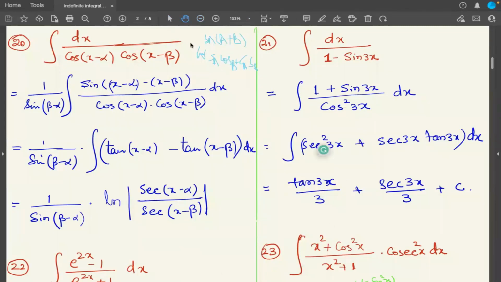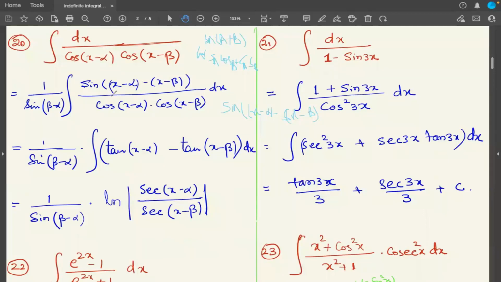Let me write that: sin of x minus alpha minus x minus beta. So in the numerator we get sin of (beta minus alpha) if we subtract x minus beta from x minus alpha. So our basic approach is to convert this complex function into a favorable integral जिसकी integral हमें पता हो.